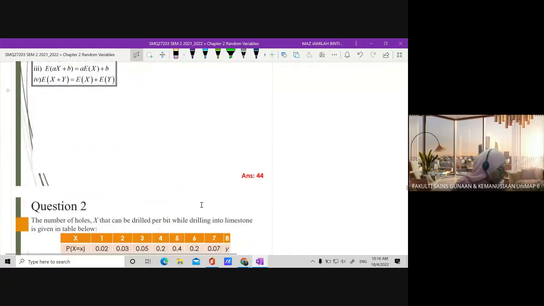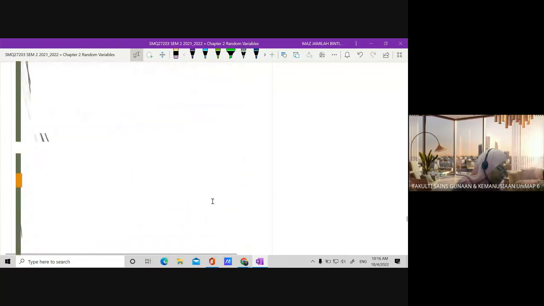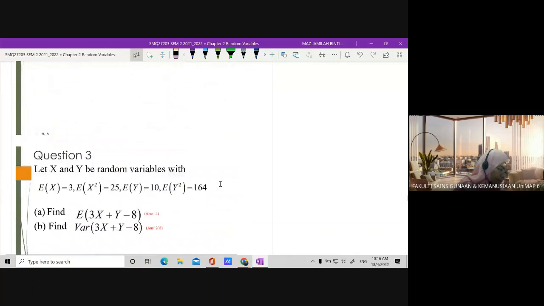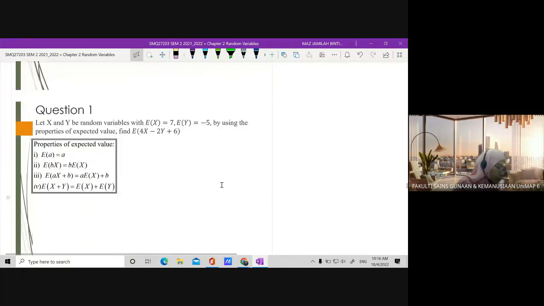You have, I think if I'm not mistaken, 7 questions. Okay, this one is very simple. We are using the properties in order to find our solution. You are being given the expected value of x is equal to 7, expected value of y is -5, and you need to find the expected value of 4x minus 2y plus 6.